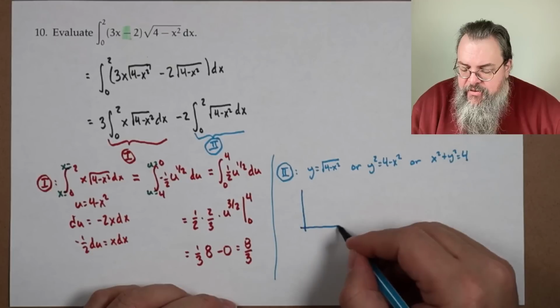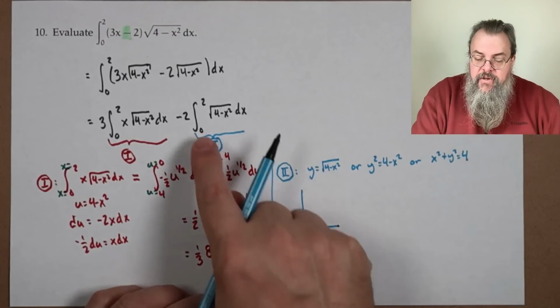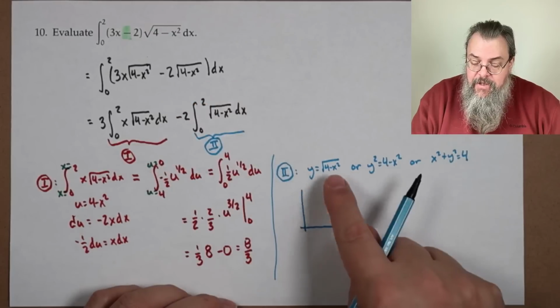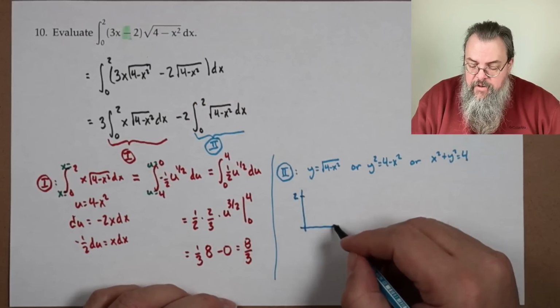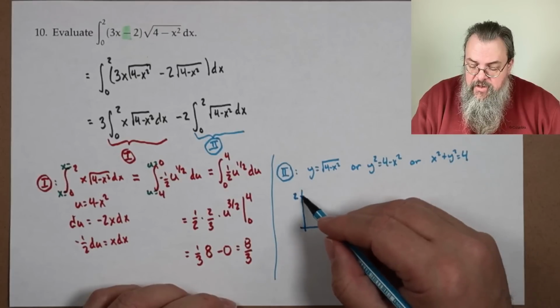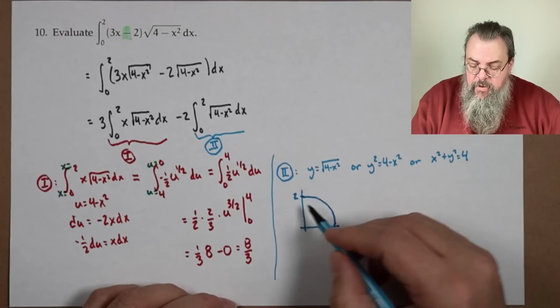Now, we don't want the whole circle. We only want from 0 to 2, and we want the positive part. So that says we want a quarter of a circle. So this is really an area, which is 1/4 of a circle.